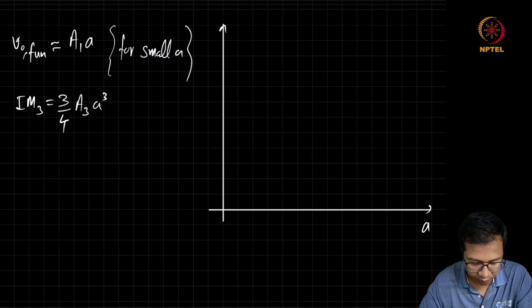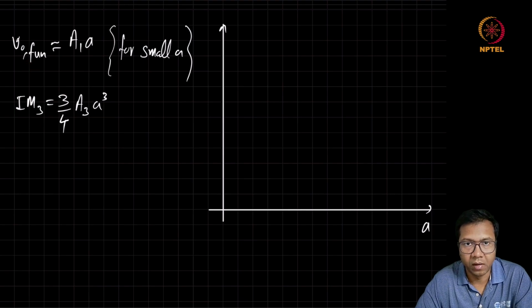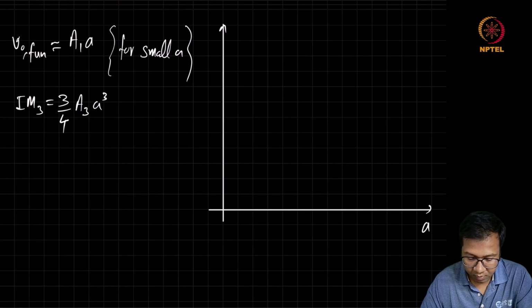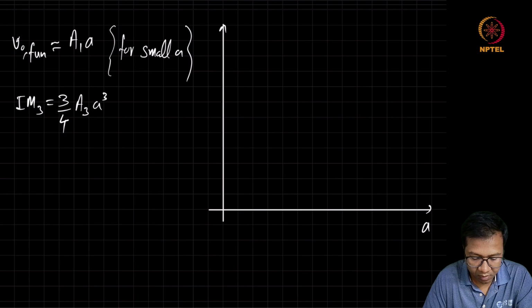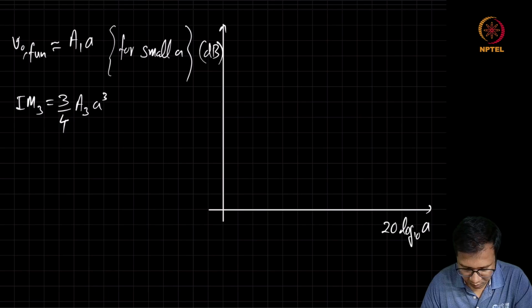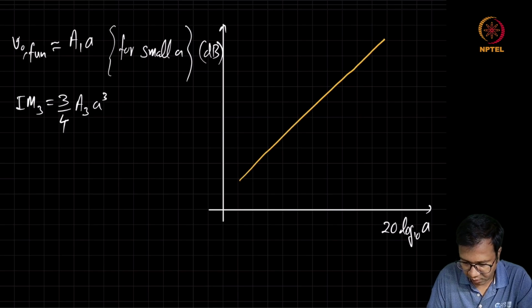So if I plot these fundamental and intermod components in the log scale, then you will find that this fundamental component will be increasing at a rate of 20 dB per decade. So in the log scale, it is going to be a straight line with a slope of 1. So if I plot the fundamental, it will look like this.